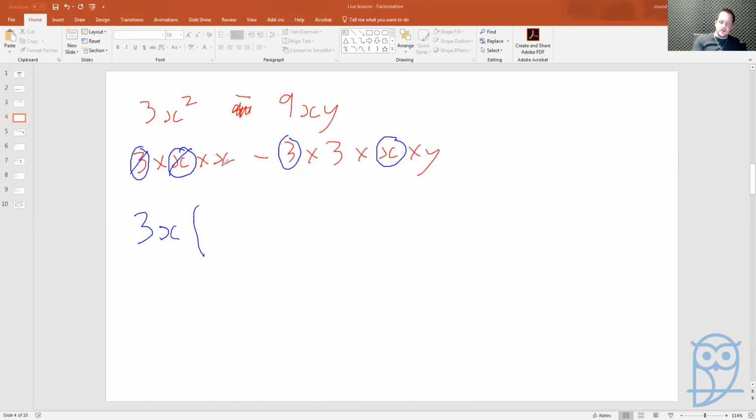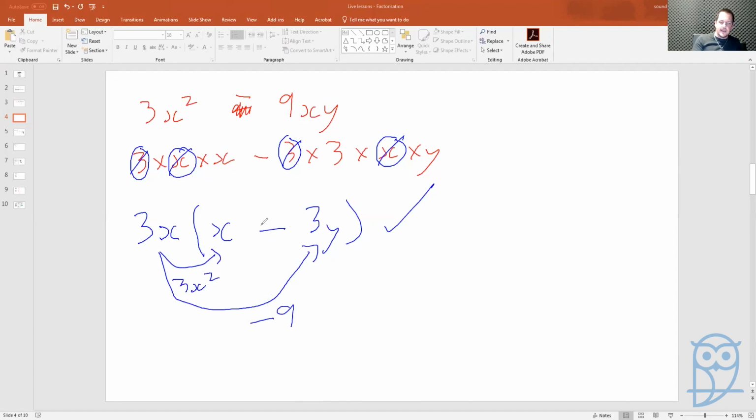Well, once I get rid of those, I'm left with x minus, when I'm left here, I have a 3, I have a y, 3y. And I can check it. When I distribute here, I get 3x squared. And when I distribute here, 3x times minus 3y is minus 3 times 3 is 9xy. And that is my original expression.